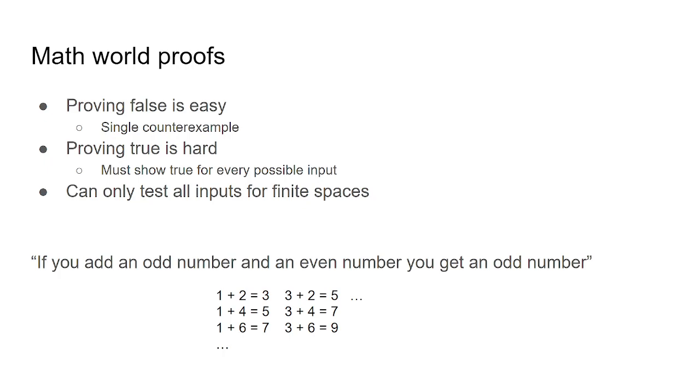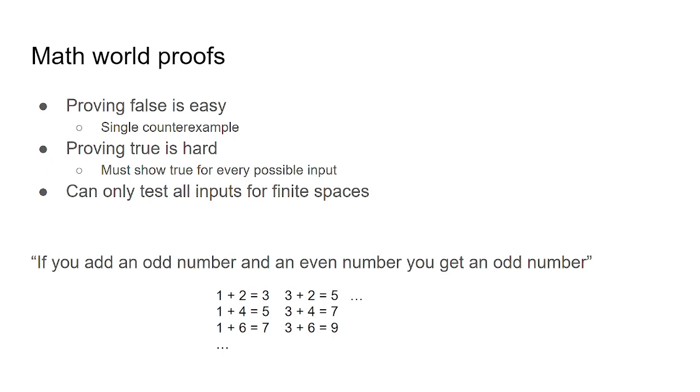But on the other hand, if you wanted to prove something true, it's hard to do because you have to show that it's true for every single possible input. And a lot of times there's so many possible inputs that it's either infeasible to go through every possible one, or they're actually infinite, so there's no way you could ever go through every possible one.